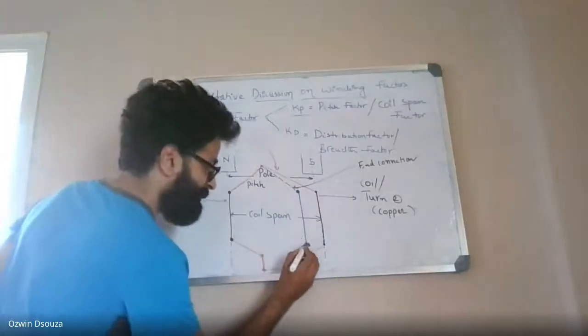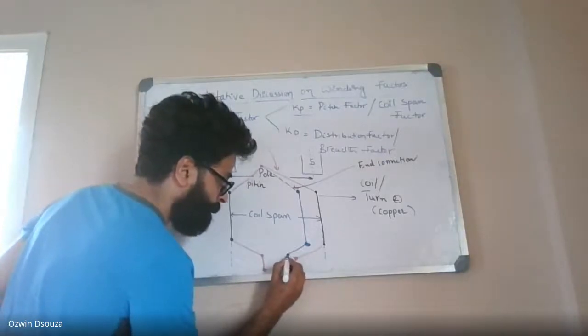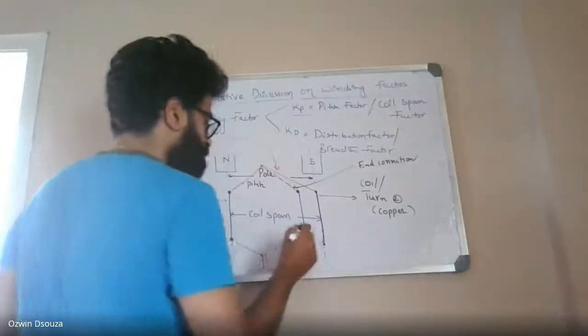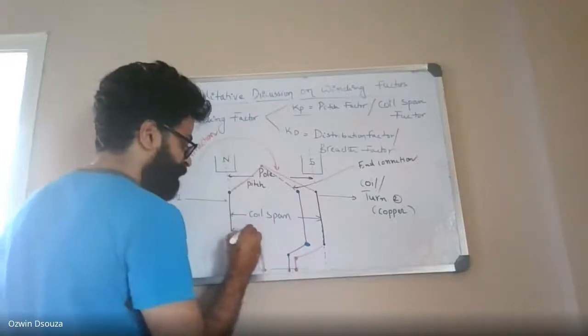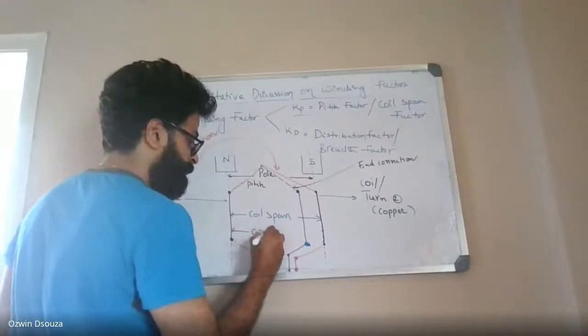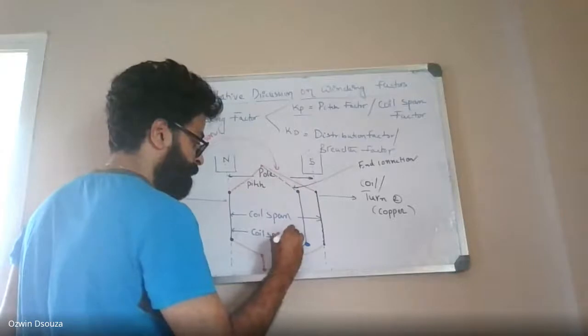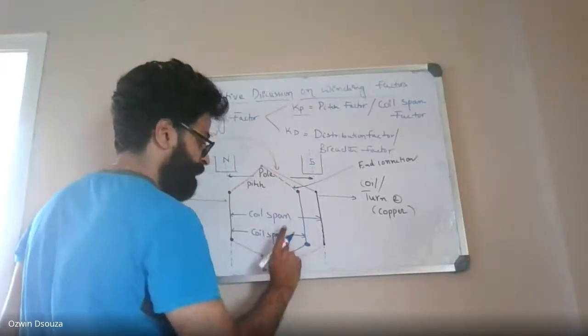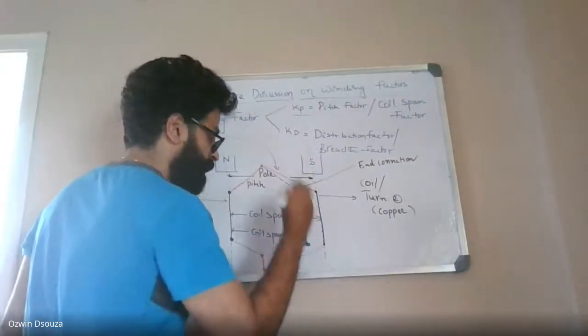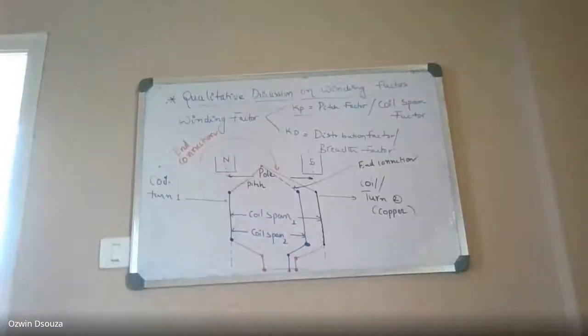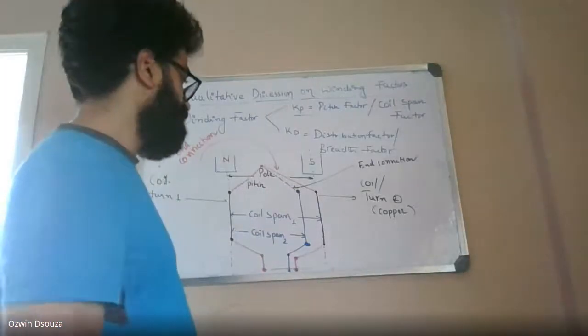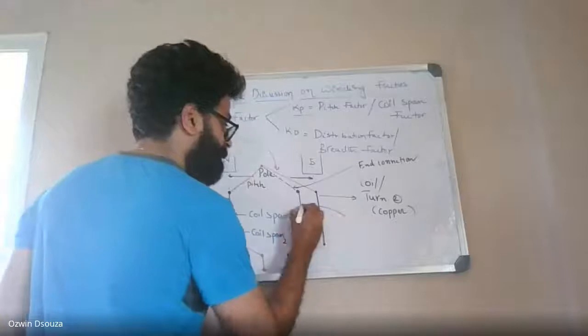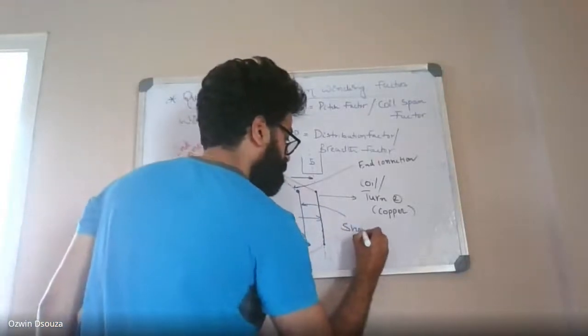This is your coil span 1 and this is your coil span 2. You can clearly observe this in the short pitched winding.